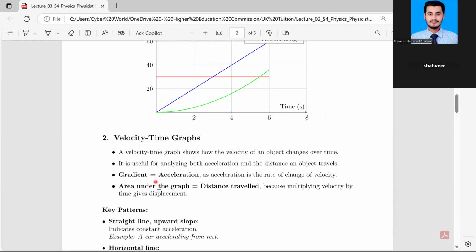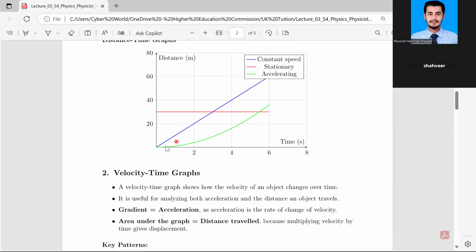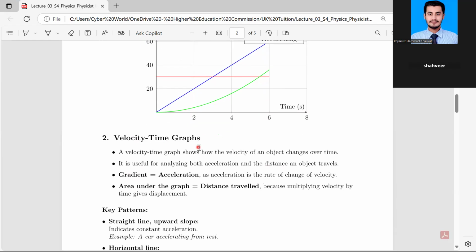The area under the graph basically tells us the total distance. We will make the graph like this. Let's suppose this is a graph and this is the ending point, and we make a dotted line downward, and all the area under this curve gives the value for distance.